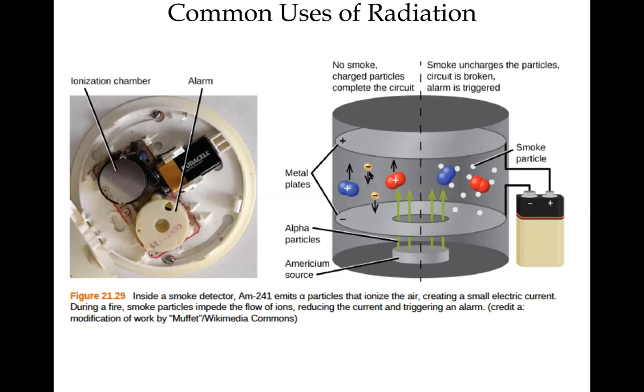But when you burn that thing you're cooking on the stove, or some kind of fire breaks out for whatever reason, irresponsible, reckless use of candles, I don't know, then the smoke particles will enter into that chamber and will block, to a certain extent, the flow of these ions that were created from the alpha particles of the americium-241.